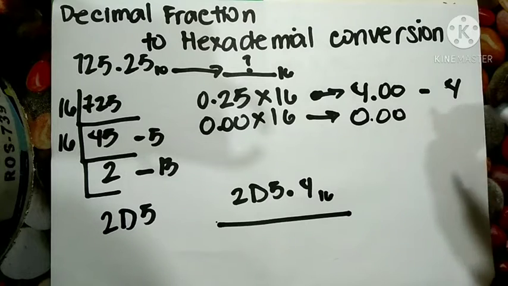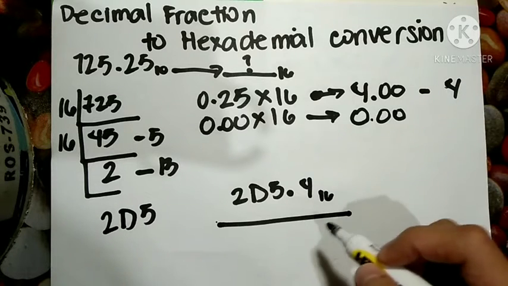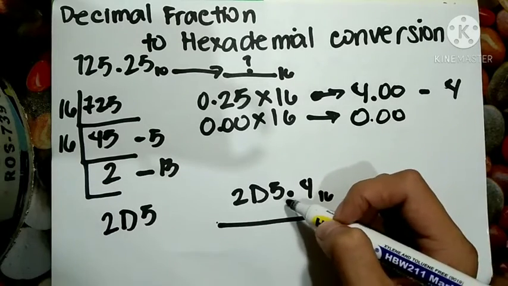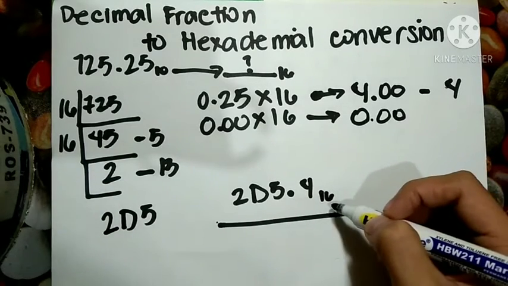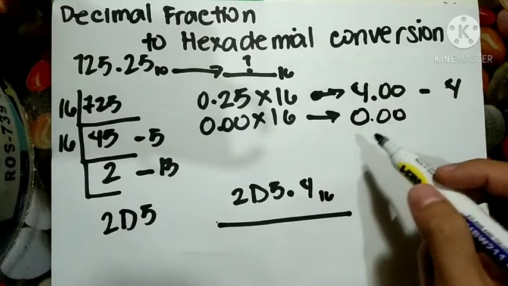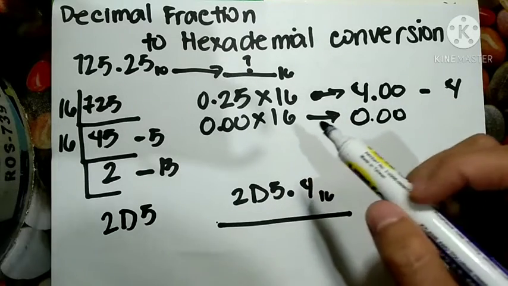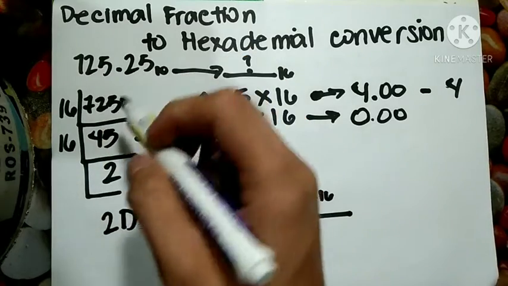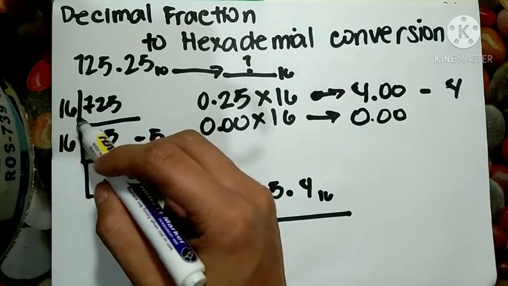Then we will write our answer from top to bottom. Then our final answer must be 2D5.4 in base 16. Let us recall what we've done here. We separate the integer number from the fraction and divide the integer number by 16.